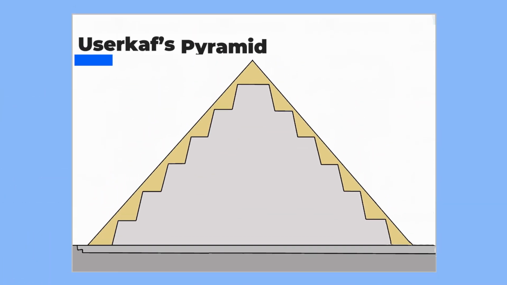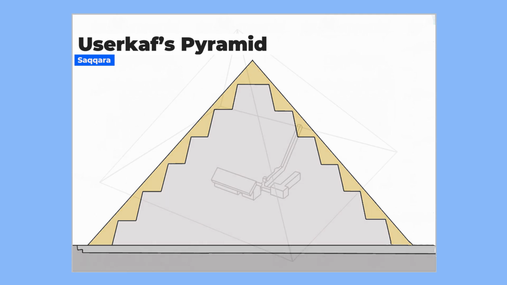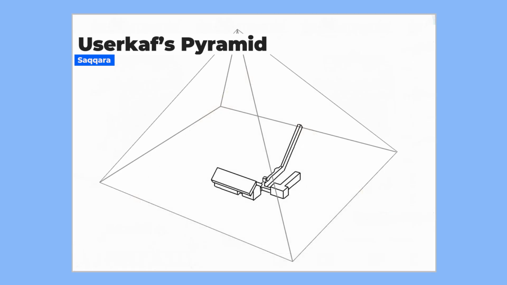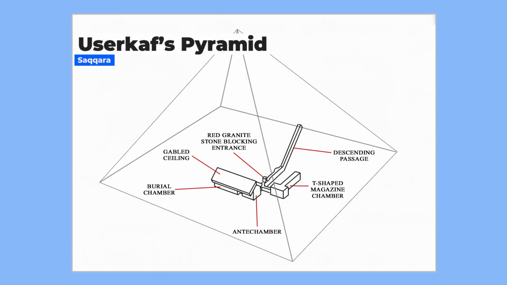The pyramid core was created in a step-like structure, a construction technique similar to that of the 4th dynasty, although the building material was of a significantly lower quality. The outer casing of the pyramid was made of fine Tura limestone. The pyramid itself does not have any internal chambers, as all the chambers for this pyramid were located underground.